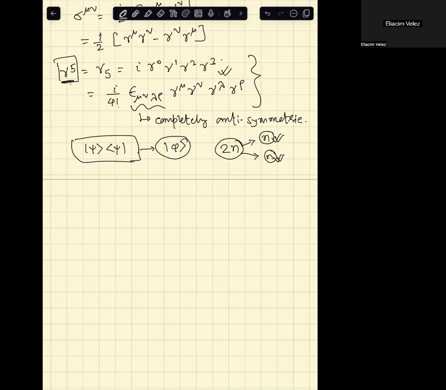Is it related to that fact or independent of that fact? No. So this is the way we can write it down. But why we cannot define that is more from the representations of the Lorentz group or the Clifford algebra.